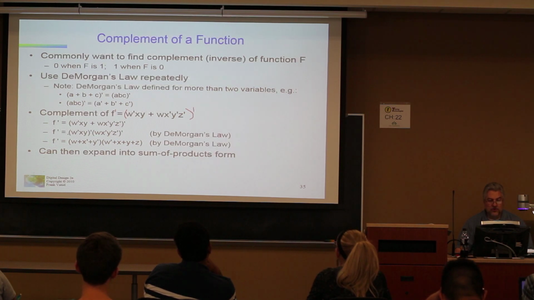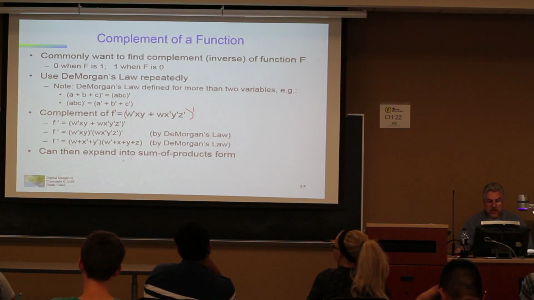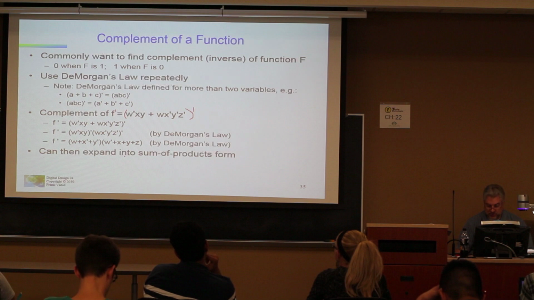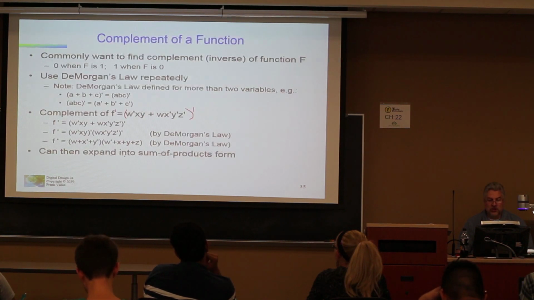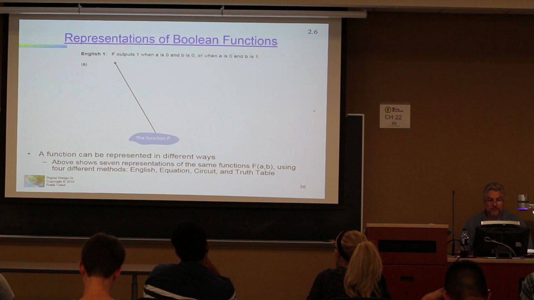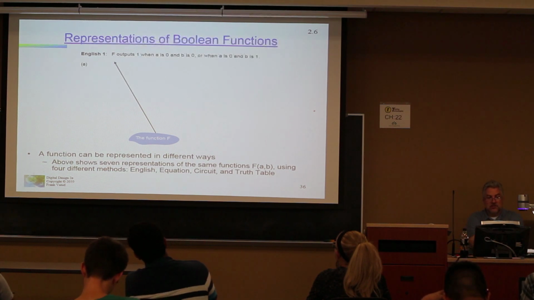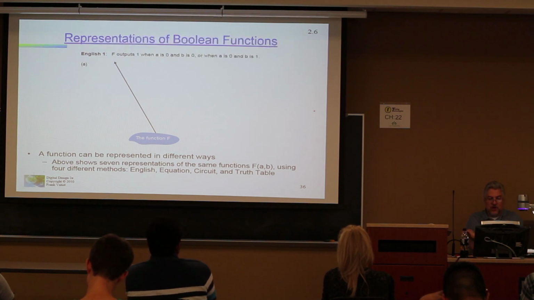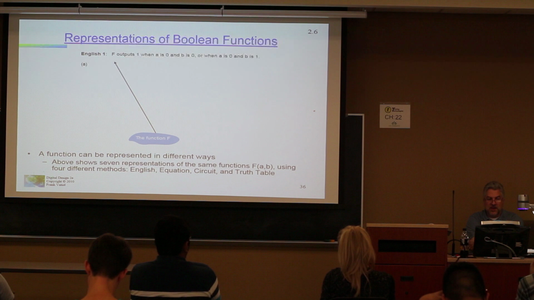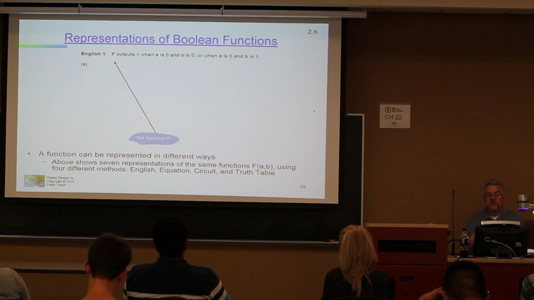And then going through De Morgan's law and De Morgan's law again, you could expand it into a sum of products. We're going to look at this in a little bit of detail. By the way, it could also be a product of sums. We're going to look at a couple more examples later, so hold off on your thoughts if you have it. So let's take a look at Boolean functions f.